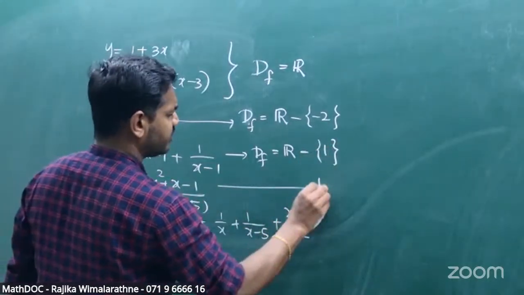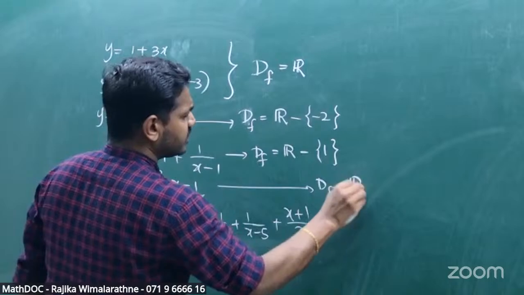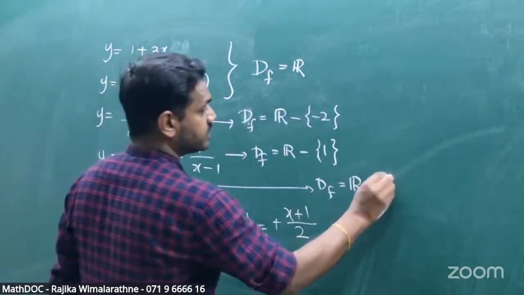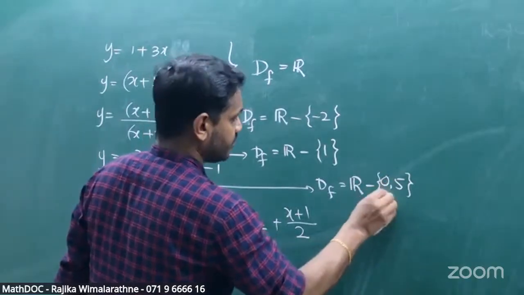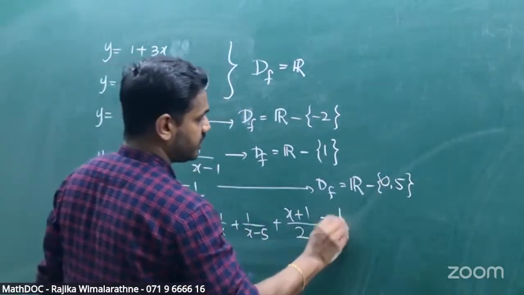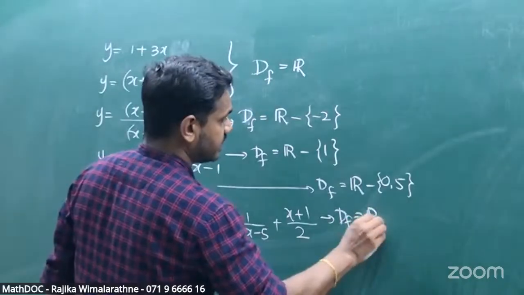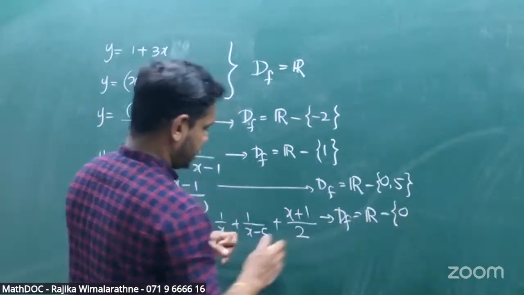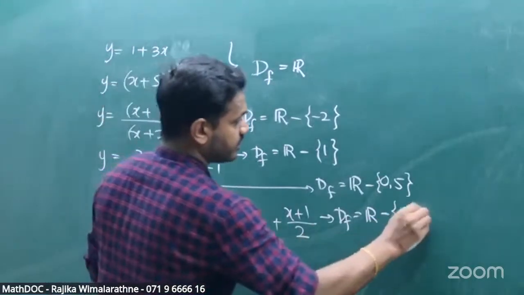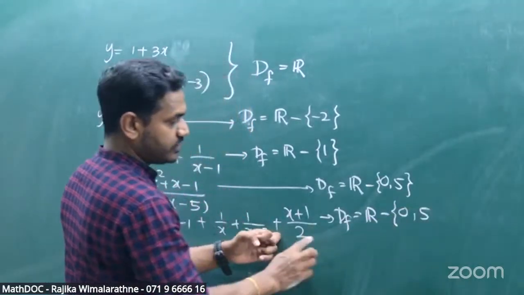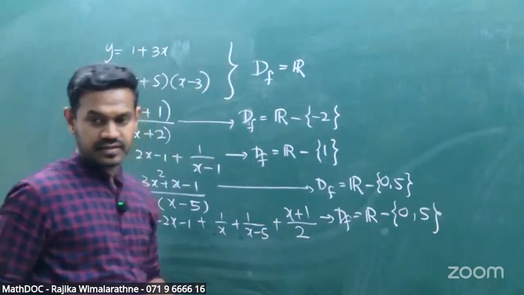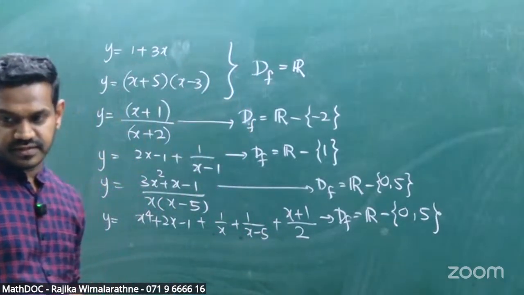Here, from the real set you remove the denominator zeros, so you have 2, 0, and 5. Then here, the domain is the real set, and 2 is surely not equal to 0. Then that's the domain. Check your answers.